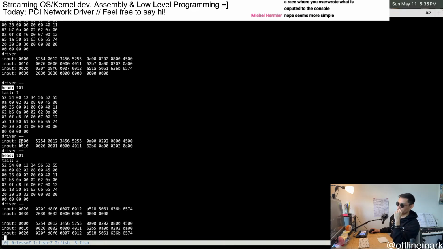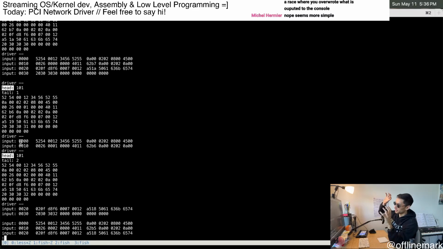I'm kind of wondering why the output is interleaved. Because we have a user space process that does a blocking system call, the driver and the user space process never actually run concurrently.